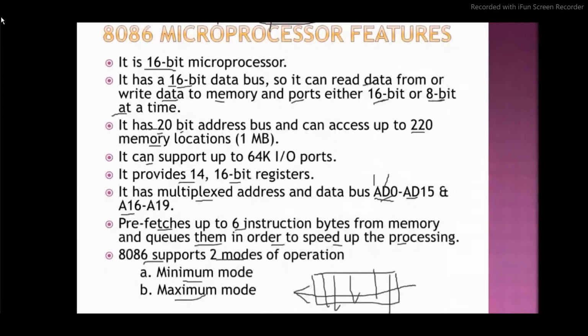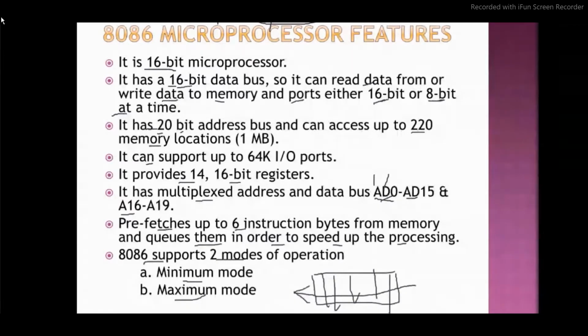In the previous lecture, I told you that 8086 is a 40-pin IC. Okay, it has 40 pins. The microprocessor has 40 pins, and it works in two modes, minimum and maximum.